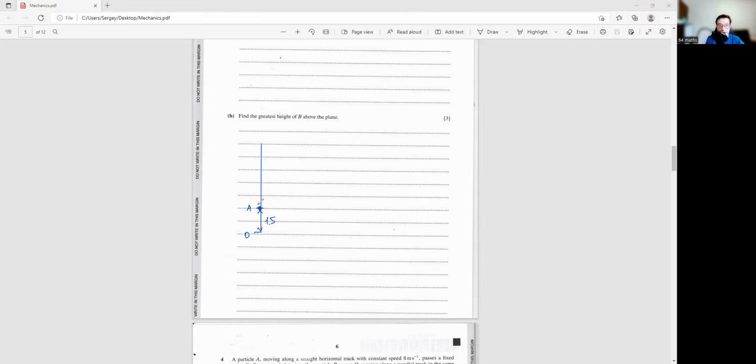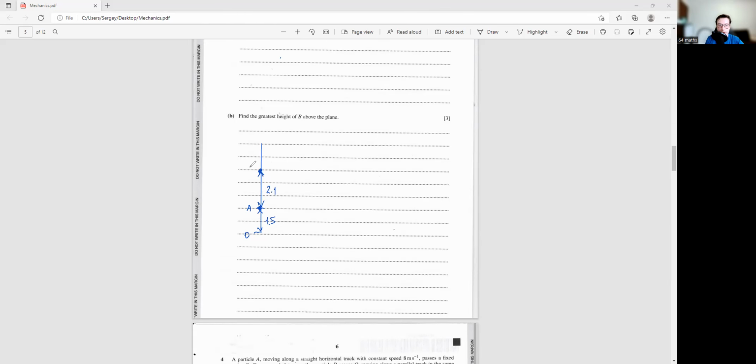Okay, now what happened next? Both particles were connected, and the particle A was raised 2.1 meters above the ground. And because they were connected with a string, that means they moved together. And the particle B was raised a further 2.1 meters above the ground.